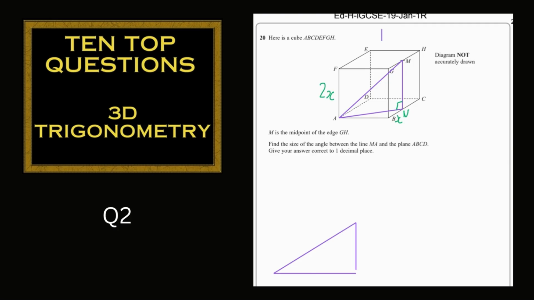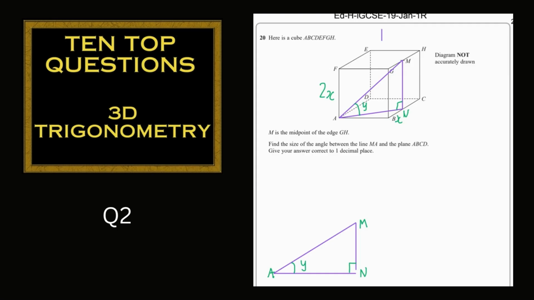And don't forget, it's usually TOA, but let's not always make that assumption. The angle we are looking at, I've already used x, so let's call it y. And it runs from A to N. N is where the right angle is, and N runs vertically to M.